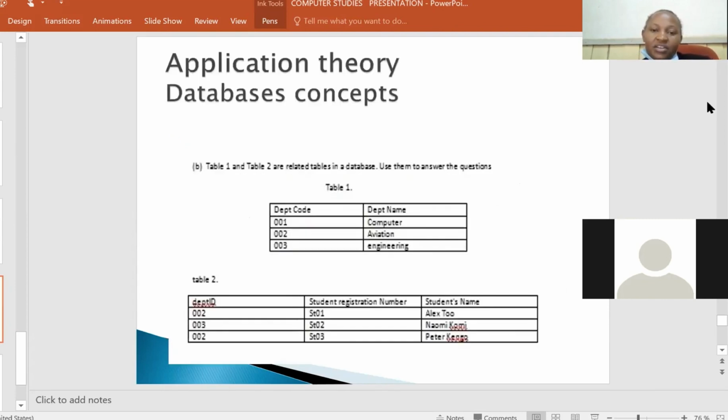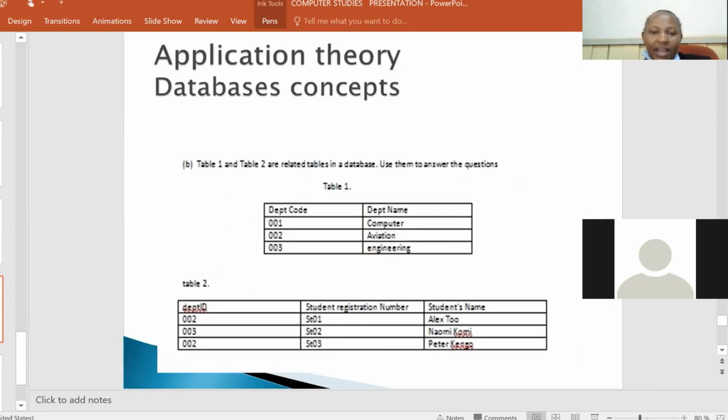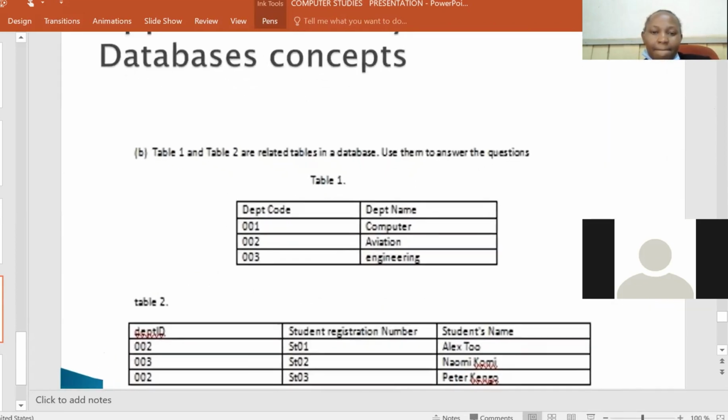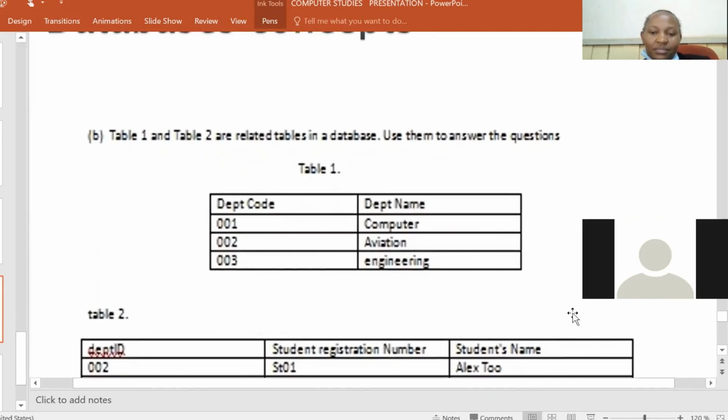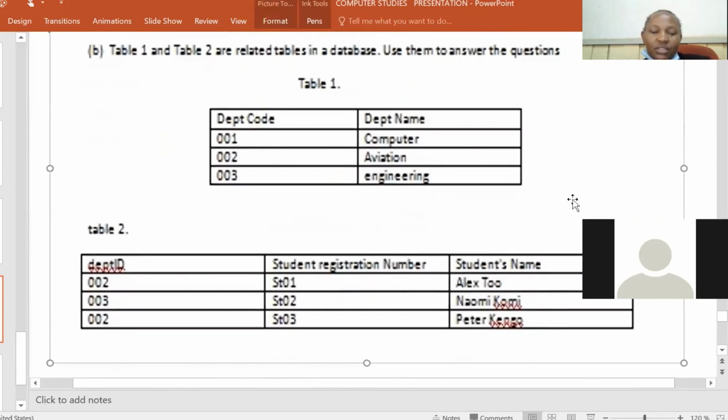Then on the application theory of database concepts, like for example, this one, whereby you are given two tables, that is table 1 and table 2, and you are told they are related tables in a database. Then use them to answer the questions that follow.